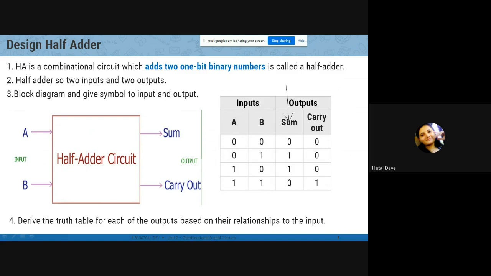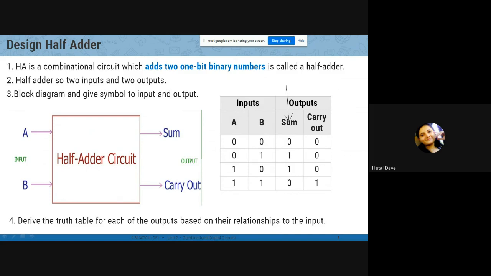What is the sum column? Yes, addition, but which kind of operation is it? Whenever both the inputs are equal, the output is 0. See your observation: whenever both the inputs are different, the output is 1.